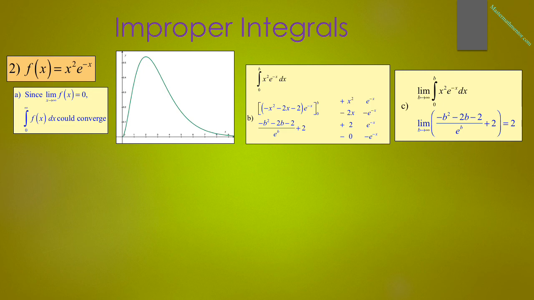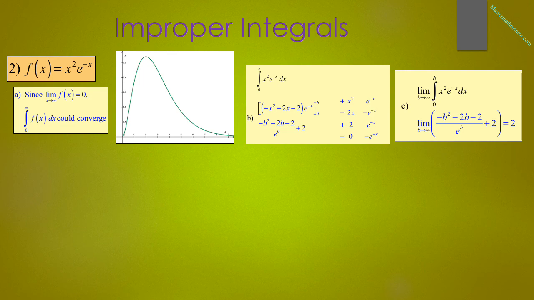In C, we're interested in the limit as b approaches infinity of the integral from 0 to b of x squared e to the negative x dx. We have already calculated the integral, so we're looking at the limit as b approaches infinity of the expression negative b squared minus 2b minus 2 all over e to the b plus 2.